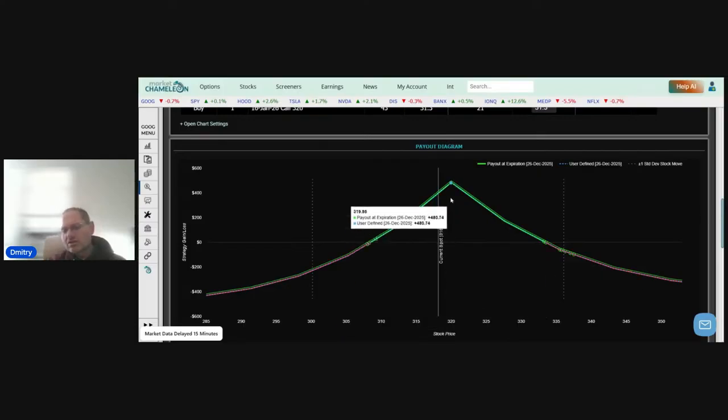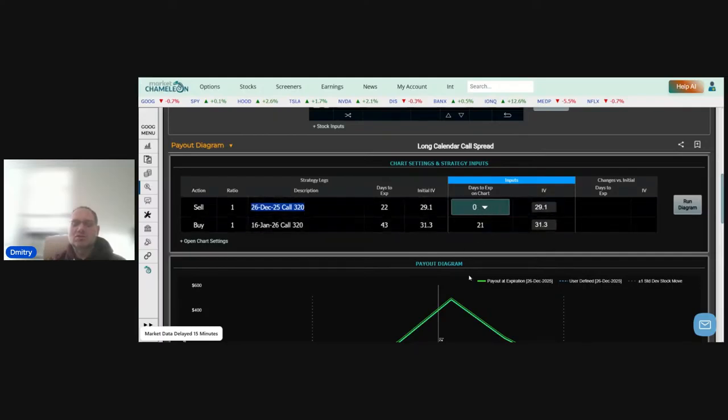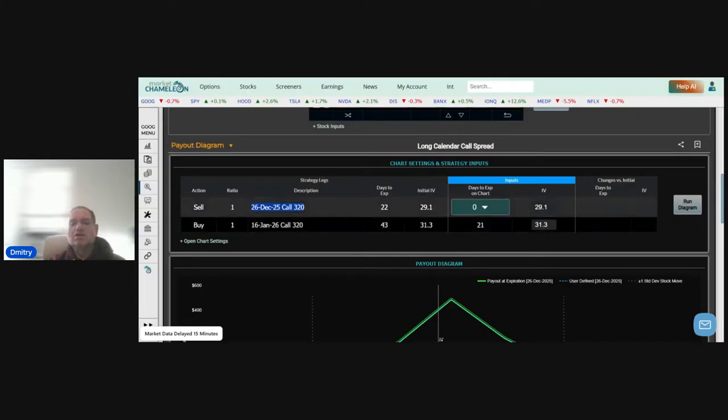So ideal here, your sweet spot, it's saying, is right at 320. You can see here, December 26th, right? It's saying at expiration, 0 days to go. So that means that on December 26th, this is going to be parity.